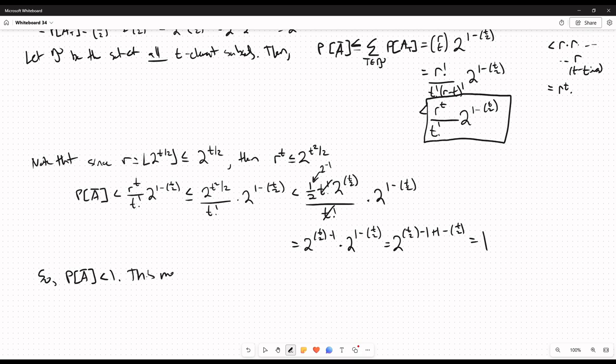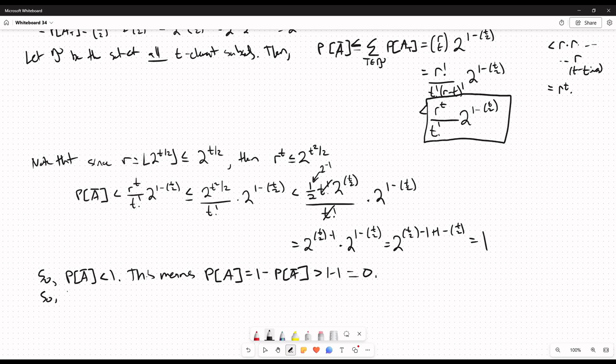This means that the probability of our original event that there's no red or blue KT is going to be equal to 1 minus the probability of A complement, which we just showed is less than 1, so this has to be greater than 1 minus 1. In fact, I'll write it like that. This has to be greater than 1 minus 1 equals 0. So what does that mean?